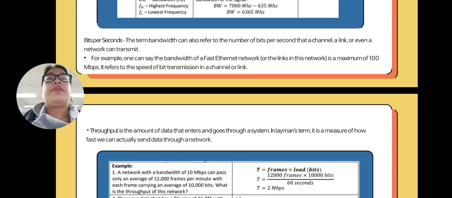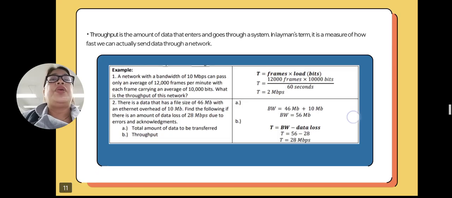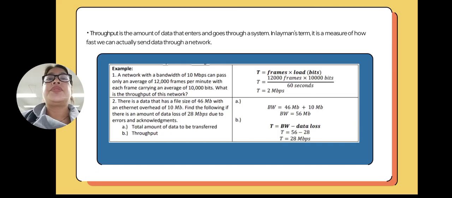The term bandwidth can also refer to the number of bits per second that a channel, a link, or even a network can transfer. For example, you can see the bandwidth of a fast Ethernet network. A network with a bandwidth of 10 Mbps can pass only an average of 12,000 frames per minute, with each frame carrying an average of 10,000 bits.